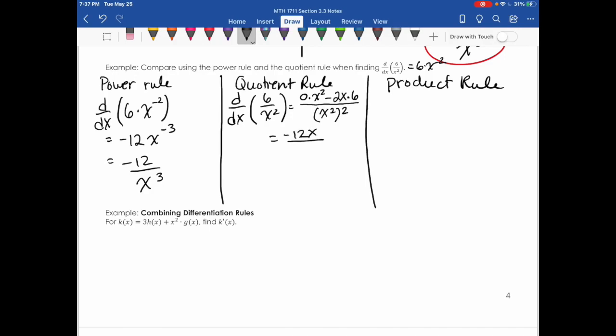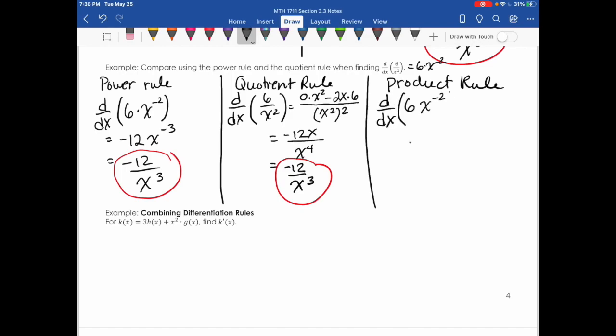When I clean this up, 0 times x squared is 0. So I'm left with negative 12x on the top over x to the fourth on the bottom. When I cross off what they have in common, an x, I'm left with negative 12 over x to the third. So far, we have shown 2 different methods to find the derivative of the same function.